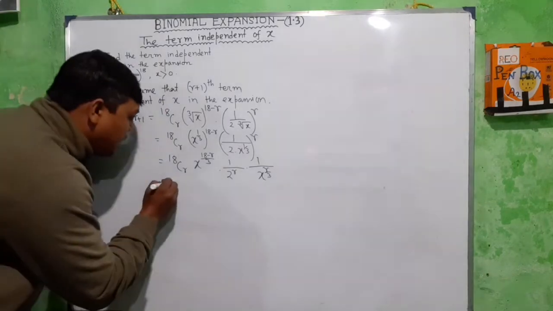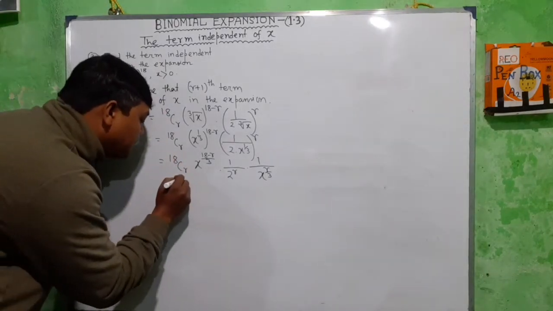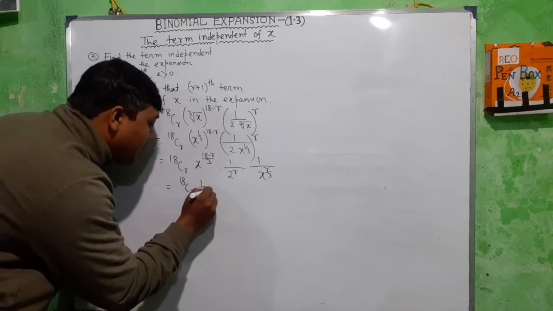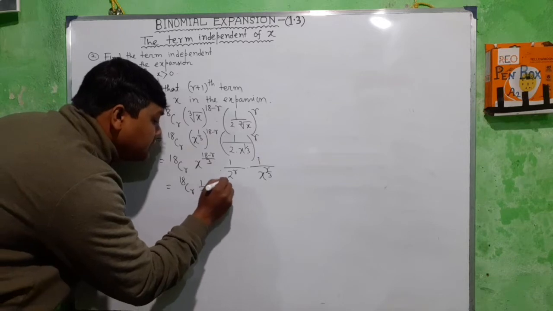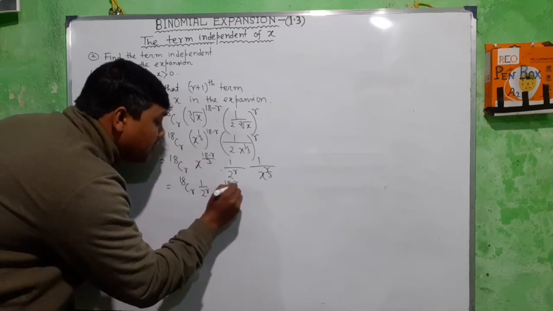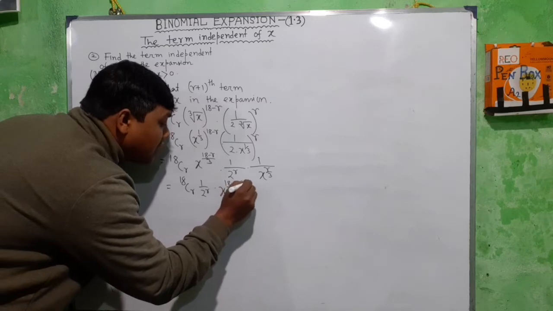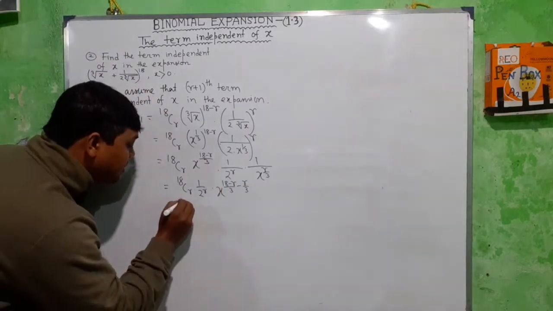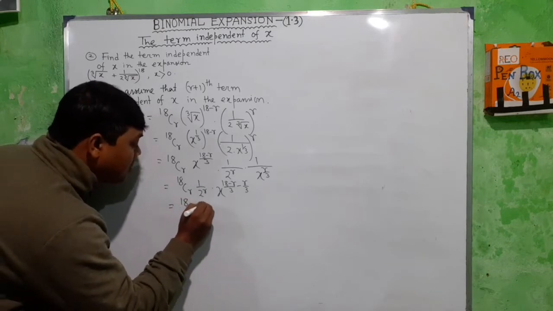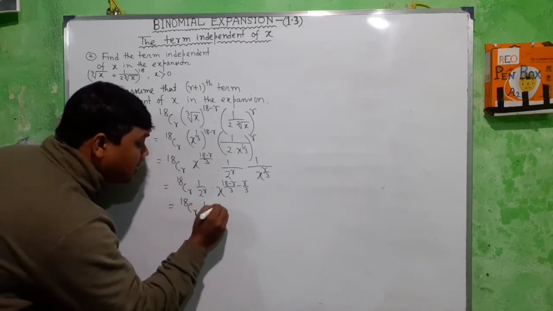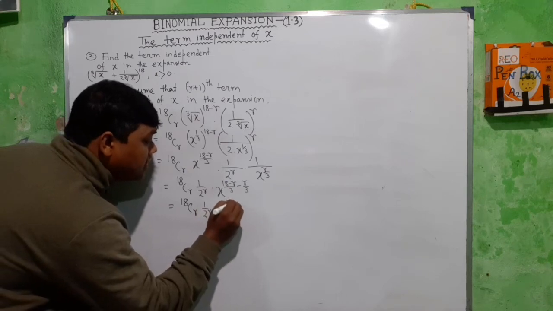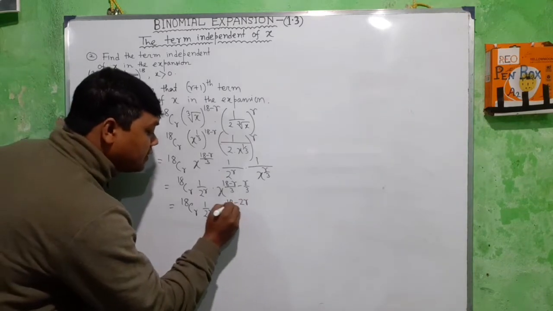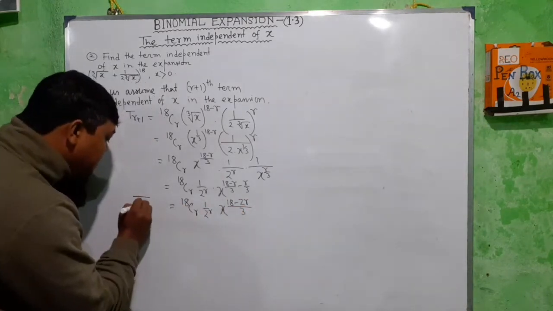So now I club all the constant parts on the left side, 18Cr (1 by 2) to the power r, and according to the indices rule, (18 minus r) by 3 minus r by 3. Okay, so now next simplify it. 18Cr (1 by 2) to the power r x to the power (18 minus 2r) by 3. That gives tr plus 1.